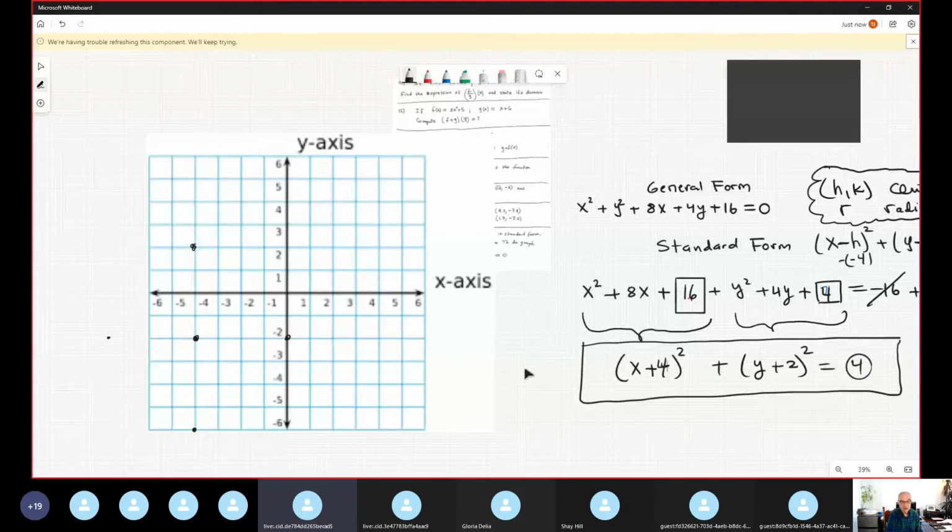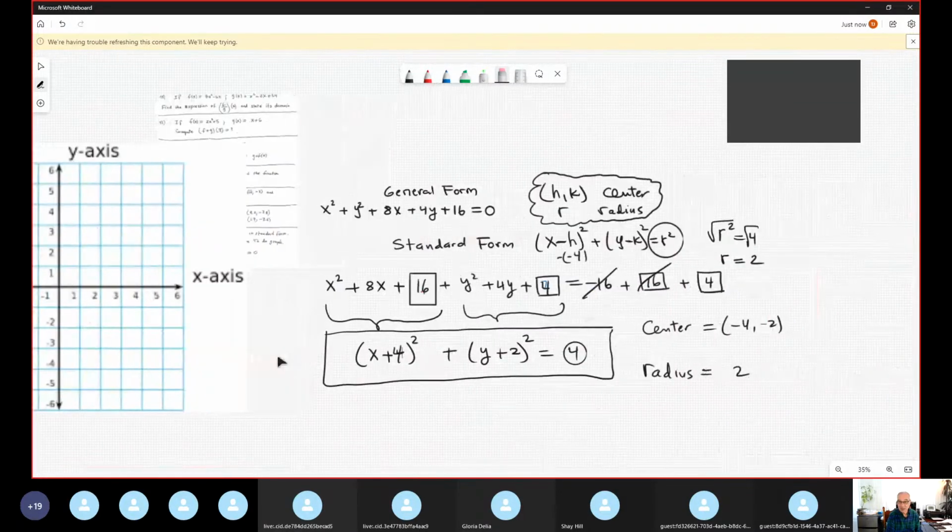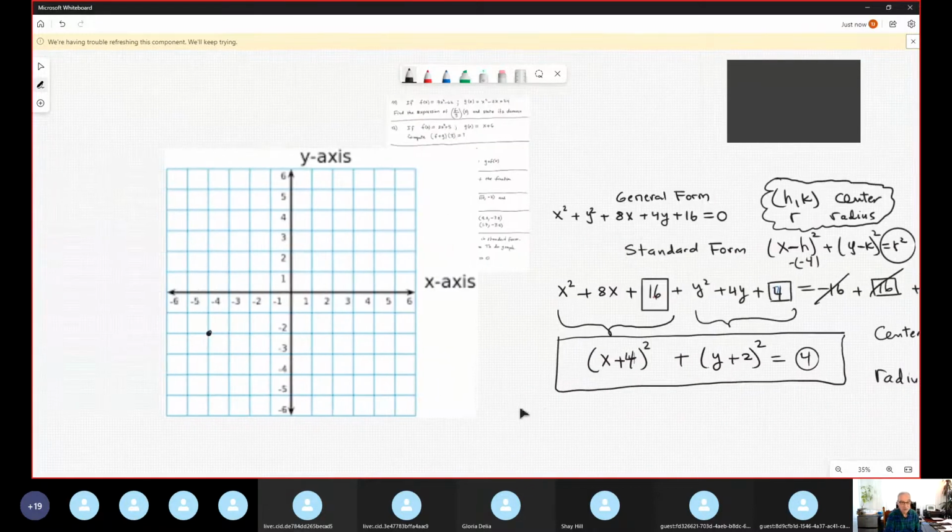And Professor, the radius is 2. Ah, yes, it's 2. The radius is 2. Yes, thank you. The radius is not 4, it's 2. The problem is I don't see that part. Look here, it says 2, yes, good, better.